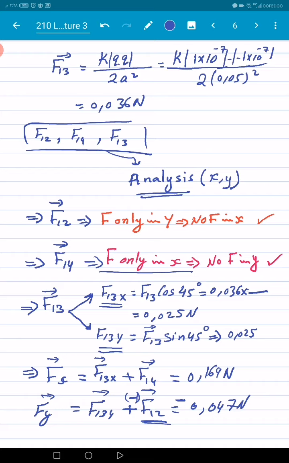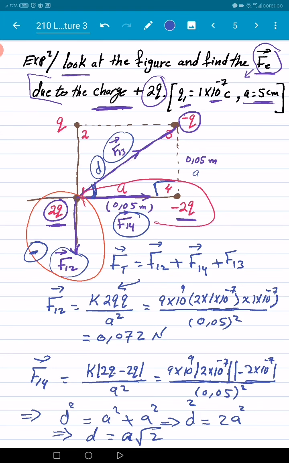I just make a quick review of this problem to check the steps together. First of all, look at the question. Be careful about the question, due to which charge. It is the charge that I want to make an effect on the other charges.